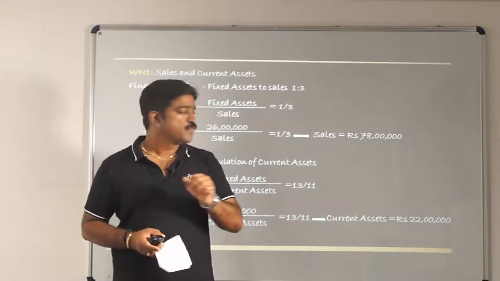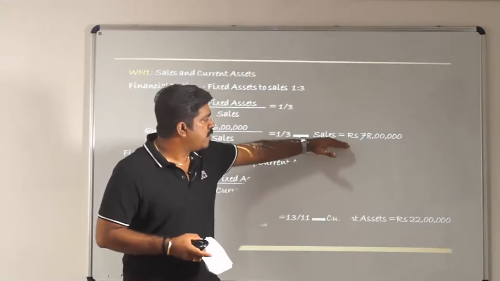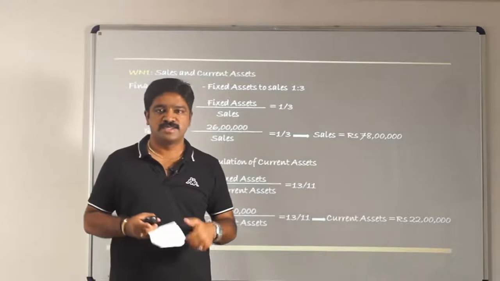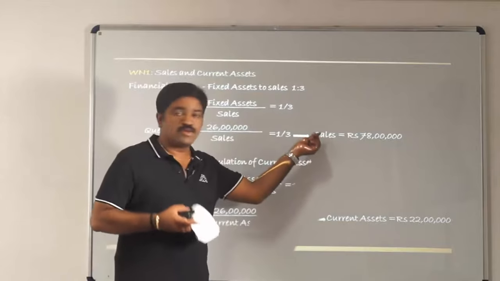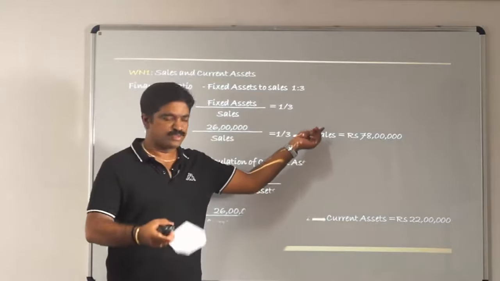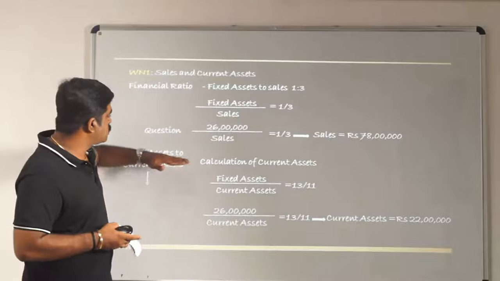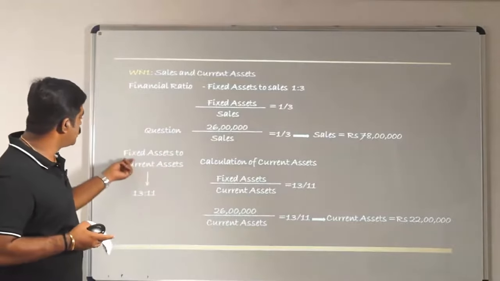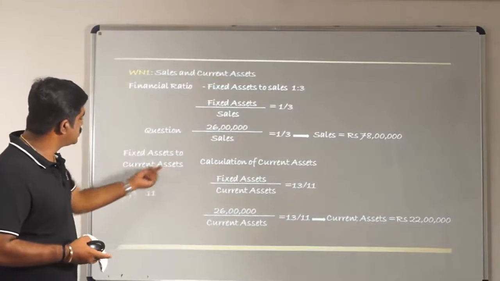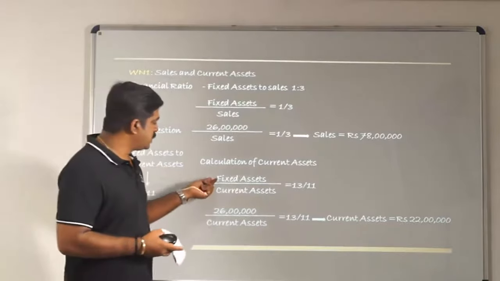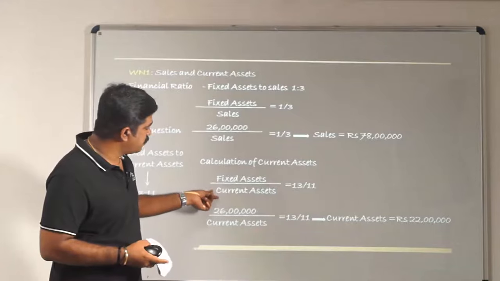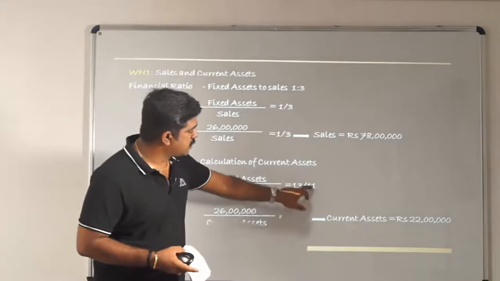Here we have the details of sales, and this will help us find out many other pieces of information, which we'll be using gradually. But now let us also find out the current assets, because in the question we have the ratio of fixed assets to current assets as 13:11. So we write it as fixed assets divided by current assets is equal to 13/11.